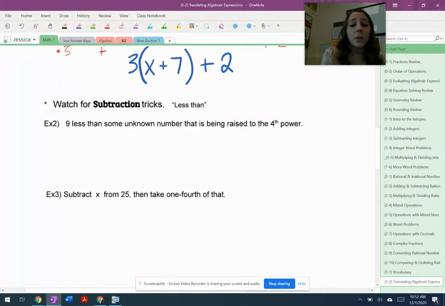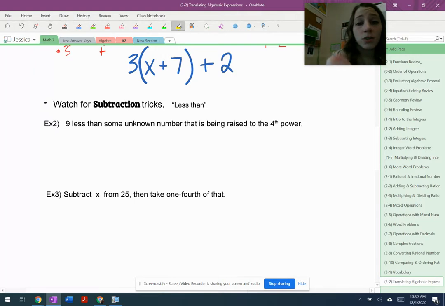The next little bullet point here that I ask you to watch out for are subtraction tricks. Watch for those subtraction tricks, specifically when it uses the words less than. This is a very cautious one. So here, 9 less than some unknown number that is being raised to the 4th power.